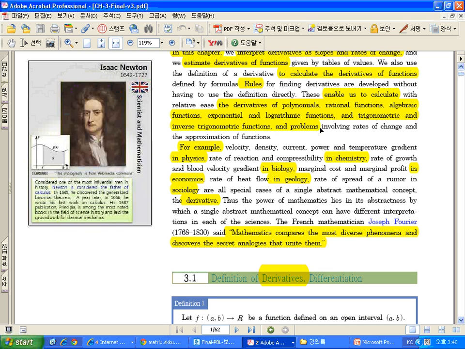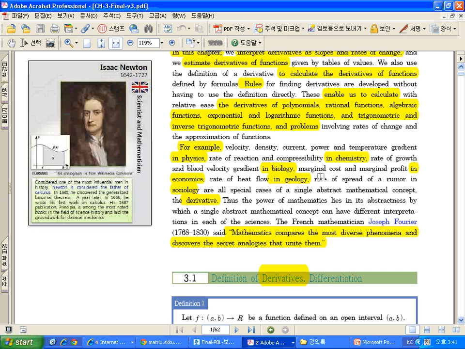These derivatives can be written in the world of velocity, density, or current, power, and temperature, etc. in physics, and also rate of reaction and compressibility in chemistry, and velocity gradient in biology, and marginal profit and marginal cost in economics, and rate of heat flow in geology.